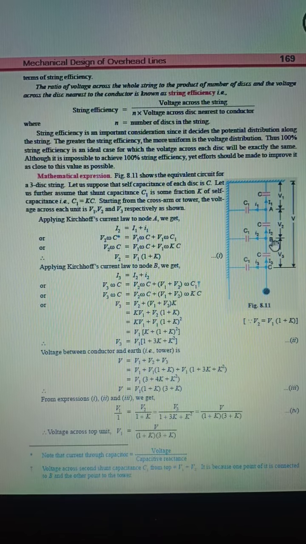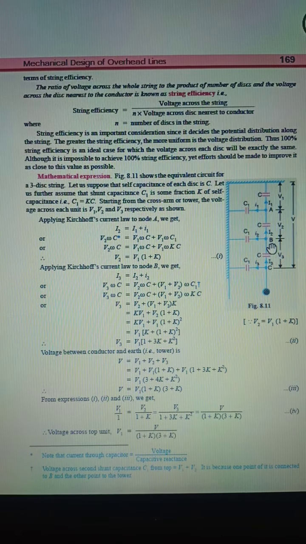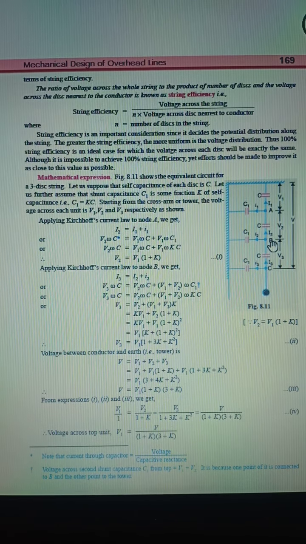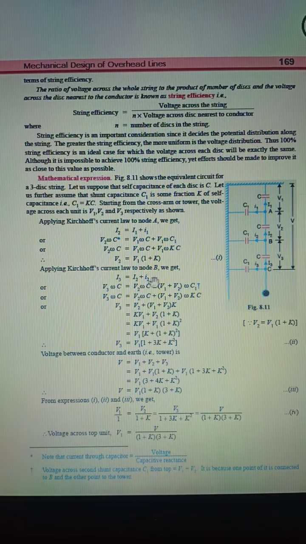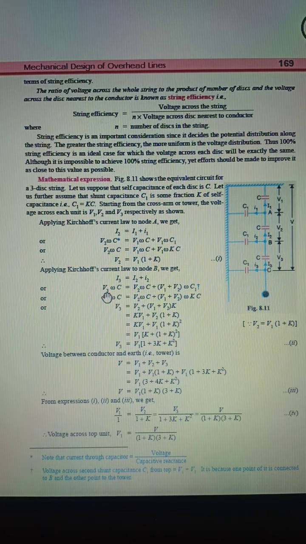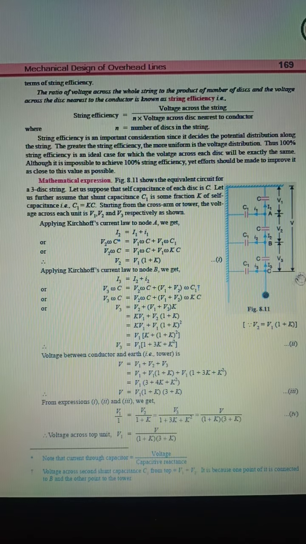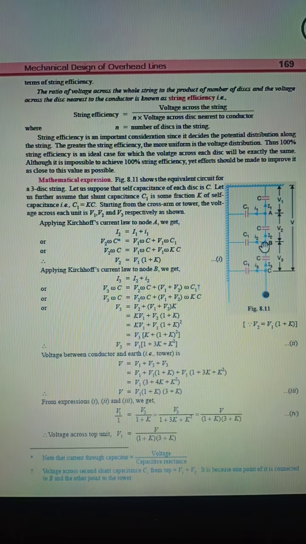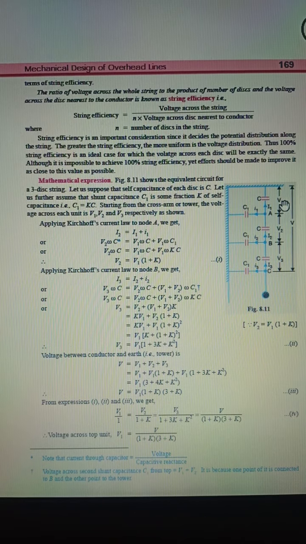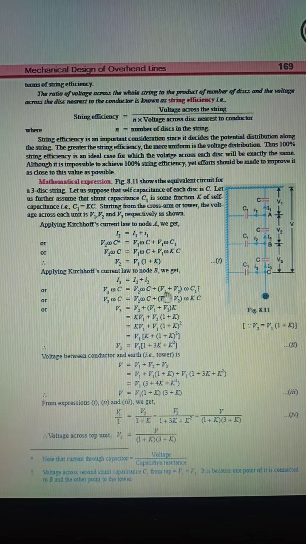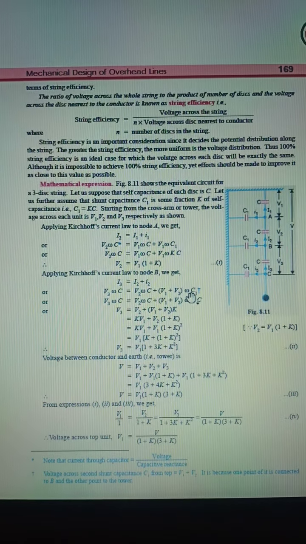Second, at node B, apply KCL. Capital I3 equals capital I2 plus small I2. Then V3 into omega C equals V2 into omega C plus (V1 plus V2) into omega C1.